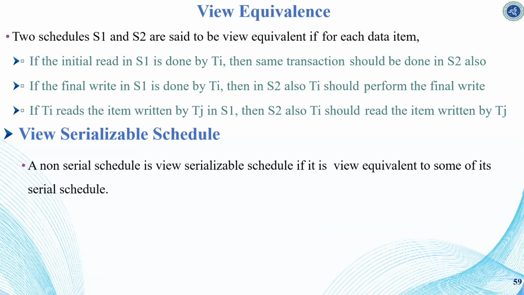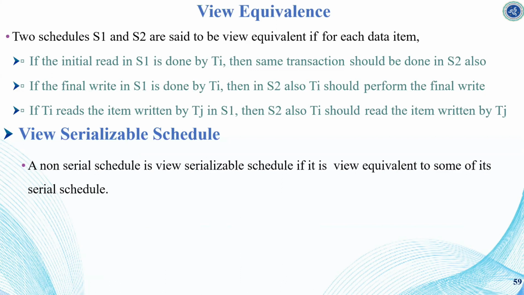Now the third case: if Ti reads an item that is written by Tj in S1, then in S2 also, the second schedule, Ti should read an item that is written by Tj. Then we can say it is view equivalent. Next one is view serializable.